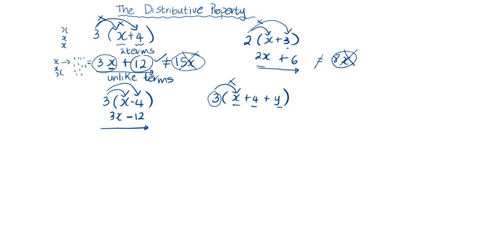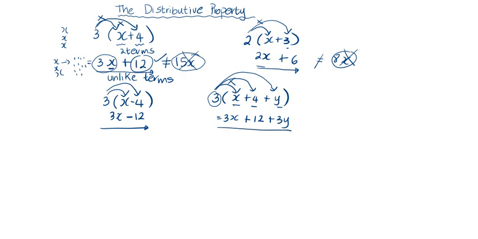So firstly, the 3 times x will give us 3x, and then there's a plus, so there'll be plus 3 times 4 is 12, and then plus the third term will also get multiplied with the 3, and 3 times y is just 3y. Okay, and that will be my final answer.